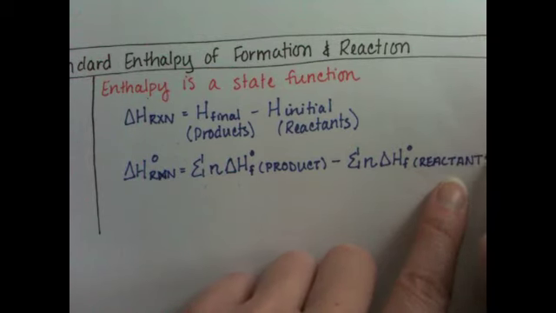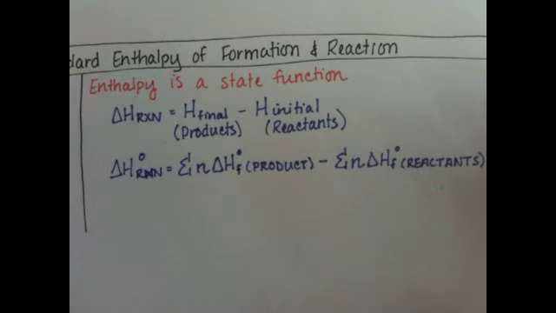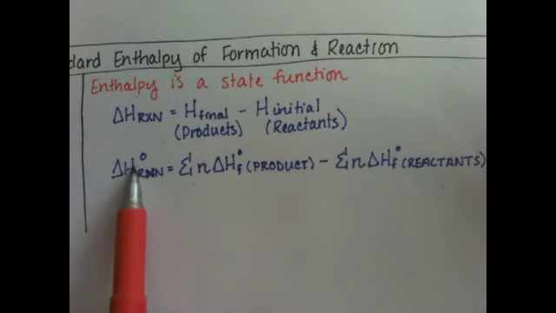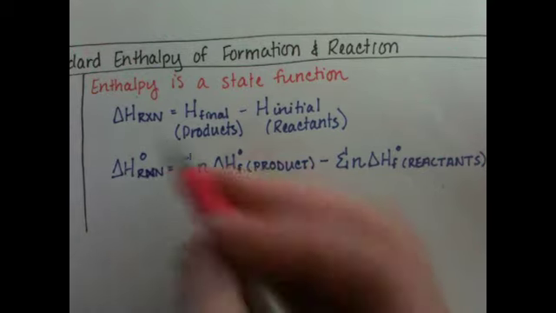Now I know that I wrote a lot of symbols in this equation that are totally brand new, so let's go through and break it down one by one. The delta sign we're good with. You know that that represents the change, and Rxn represents reaction. So this is the change in enthalpy associated with a chemical reaction.